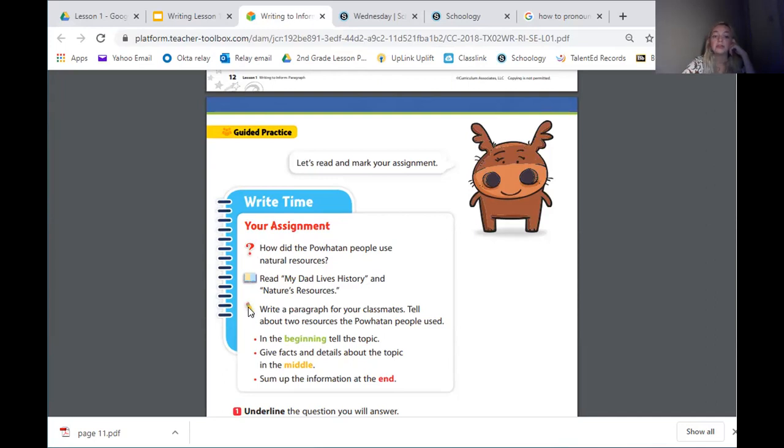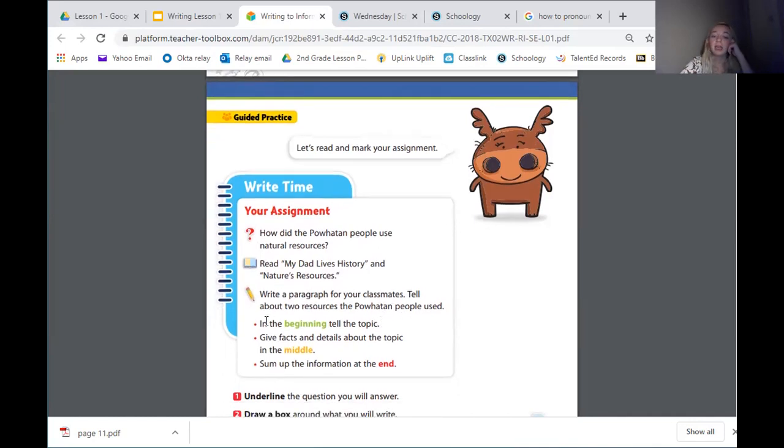The little pencil says, write a paragraph for your classmates. Tell about 2 resources the Powhatan people used. In the beginning, tell the topic. Give facts and details about the topic in the middle. Sum up the information at the end.